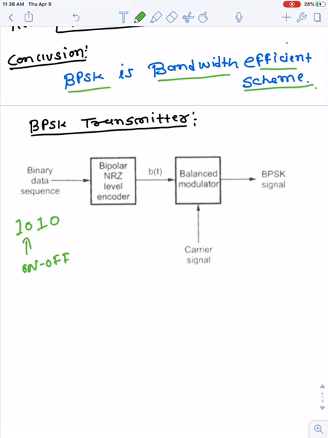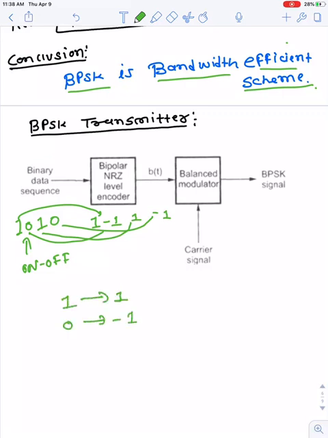In a polar signal, 1 is represented as 1, and 0 is represented as -1. So we are converting 1 to 1 here and 0 to -1 here. These two things you need to note down, and this is not the case of a bipolar signal. This is a polar signal.